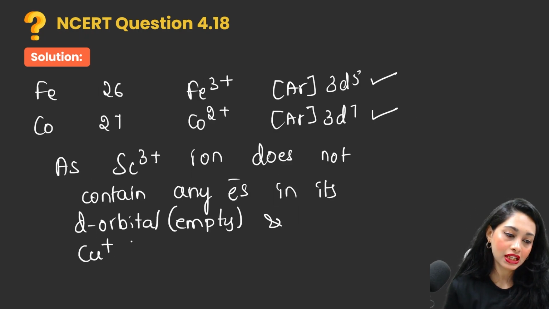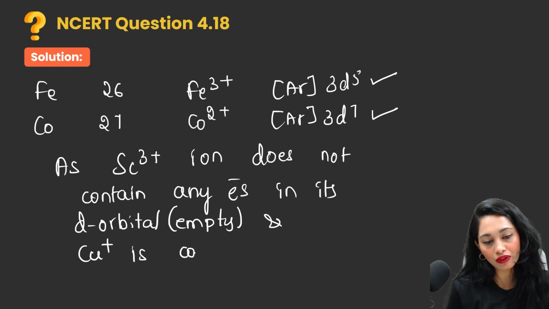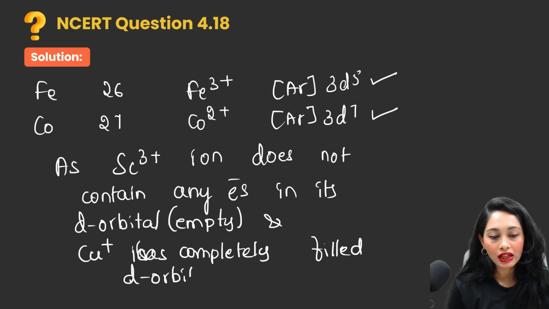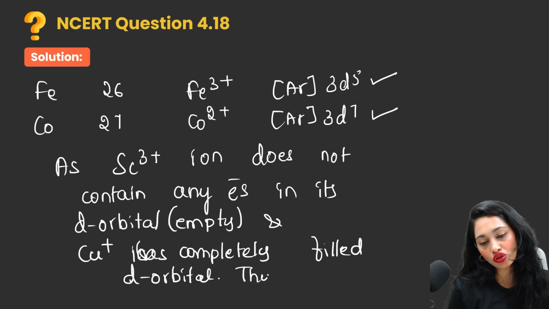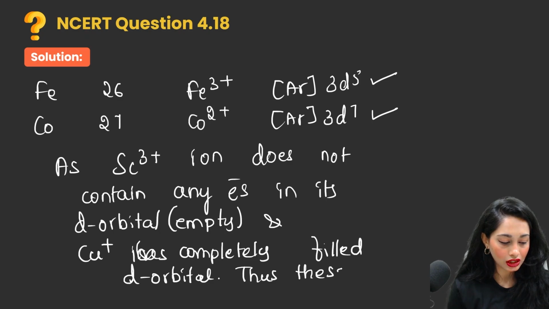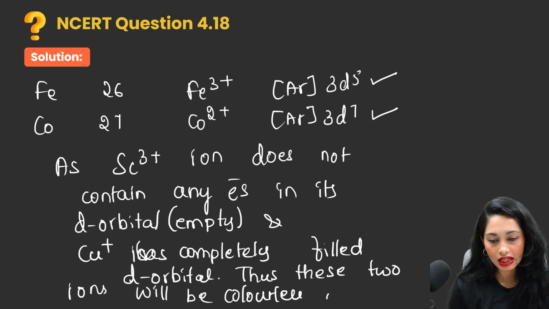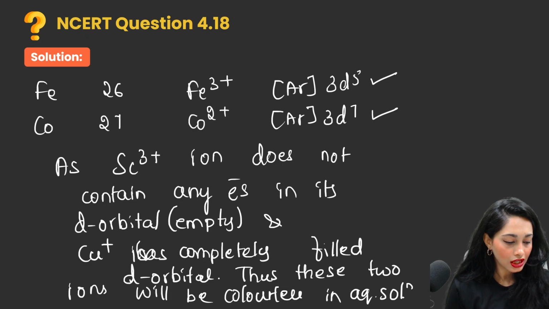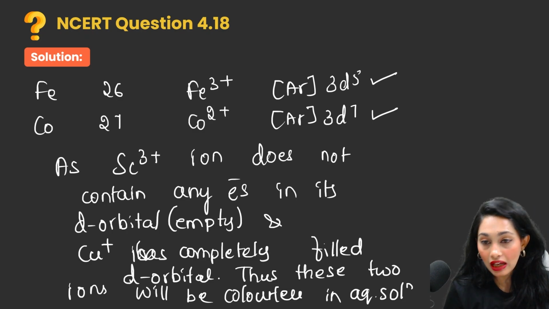And Cu plus has a completely filled d orbital. Thus, these two ions will be colorless in aqueous solution. Okay, the question is, which will be colored, they have asked.